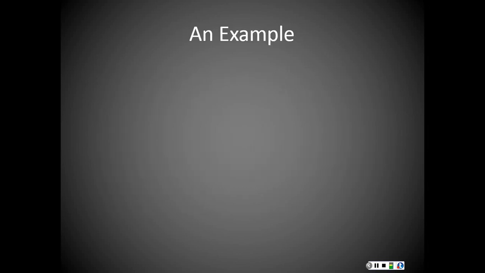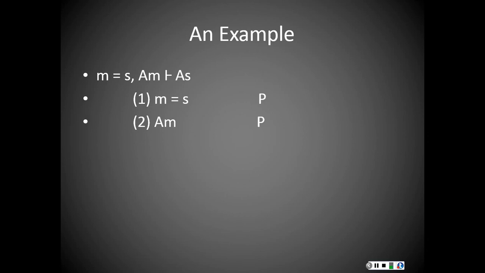Let's go ahead and look at an example. So here's the sequence that we just introduced. We begin, of course, by writing down our premises. Now we use the rule of identity elimination applied to lines 1 and 2 to get the sentence AS.